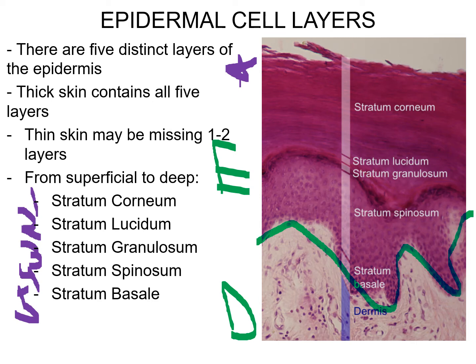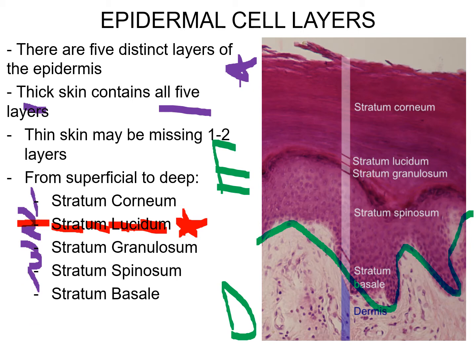Now, this is thick skin. Thick skin has all 5 layers. In thin skin, what happens is usually the stratum lucidum is not there, and all the other layers are just a little thinner. So with the thick skin, all the layers are a little thicker, and then we have this extra layer called the stratum lucidum.